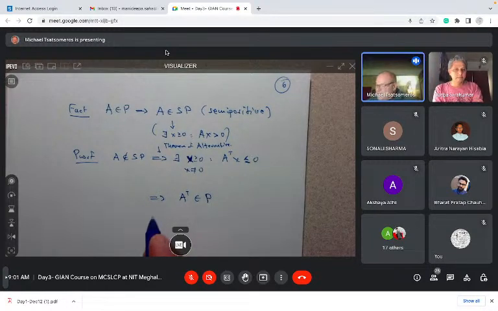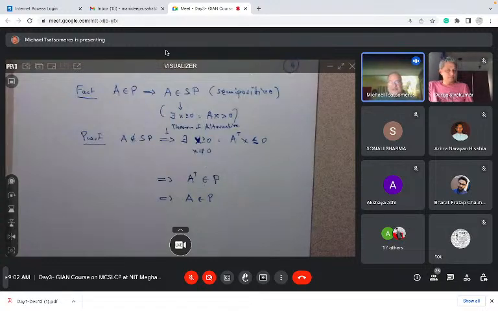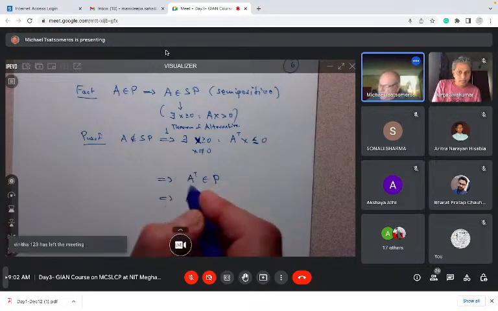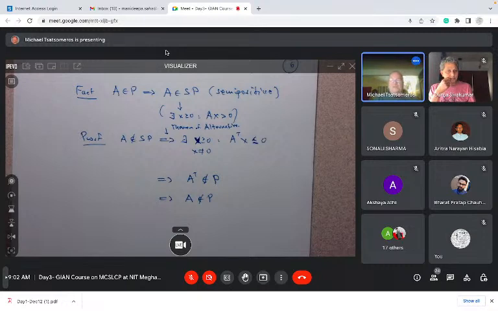But that implies that A is not in P, because when you transpose a P matrix, you obviously get a P matrix. So therefore, not in SP implies not in P. Therefore, P implies that it's semi-positive.